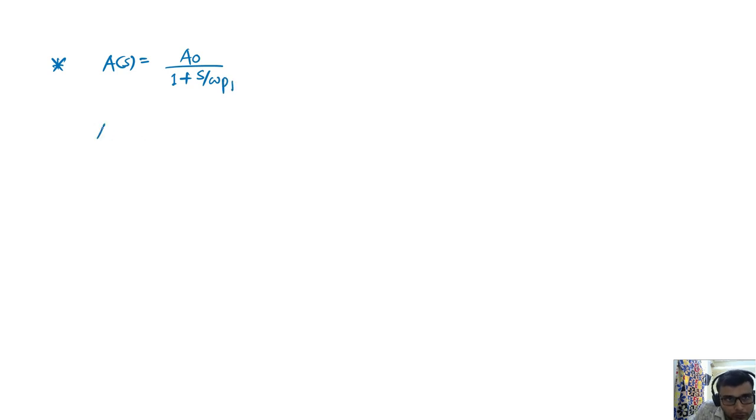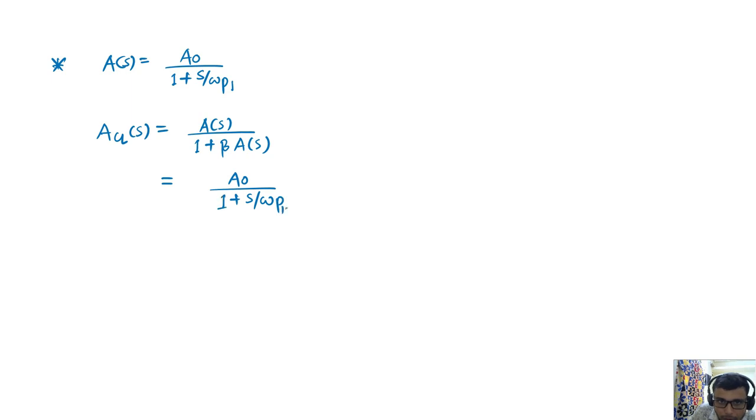Suppose it is used in a negative feedback system and there is a beta factor, then the closed loop gain is A of s divided by 1 plus beta A of s. So from here we can see A naught upon 1 plus s upon omega p1, this is my A of s, divided by 1 plus beta A naught upon 1 plus s upon omega p1.